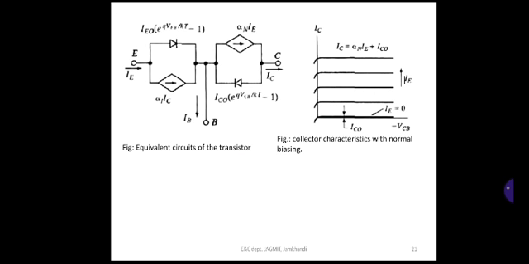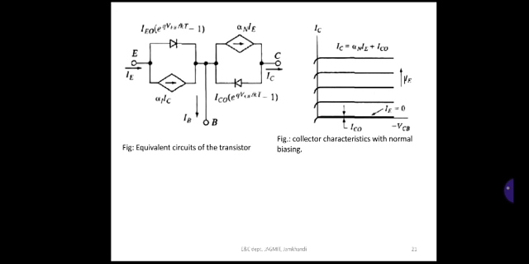So the equivalent circuit is shown here in the figure. In this form, the equations describe both the emitter and collector current in terms of a simple diode characteristic with a current generator proportional to the other current.